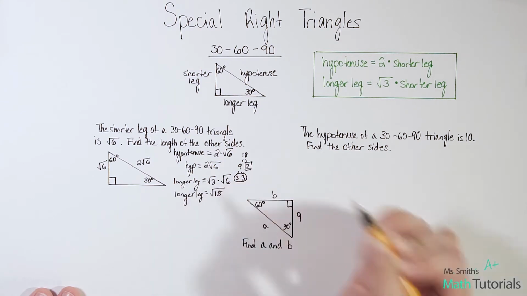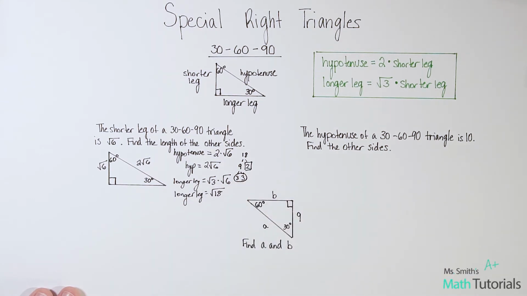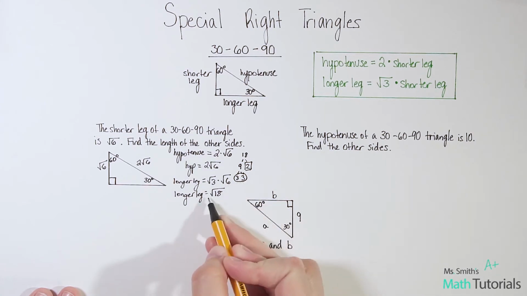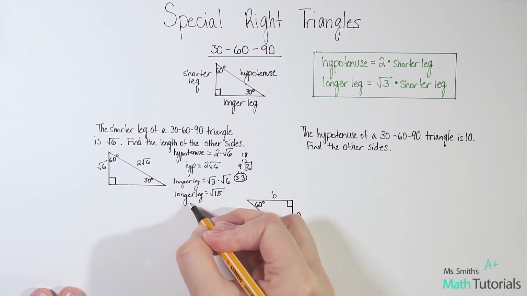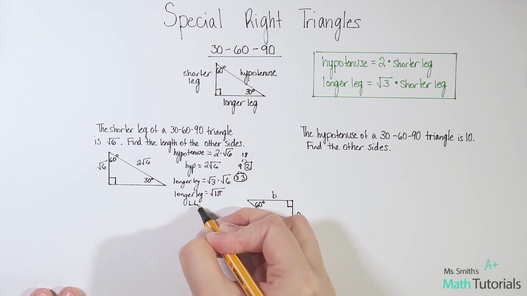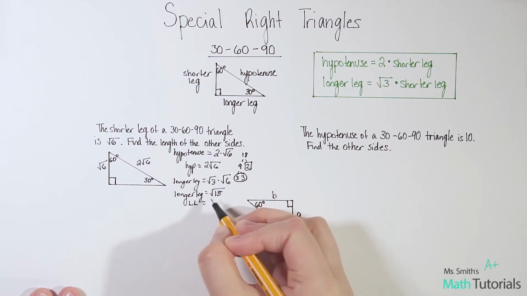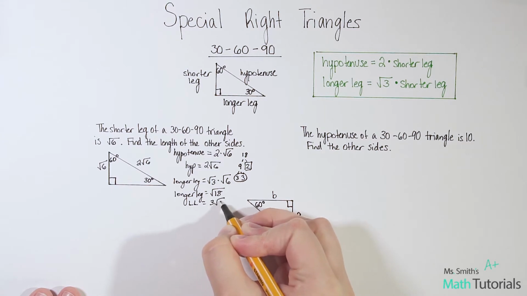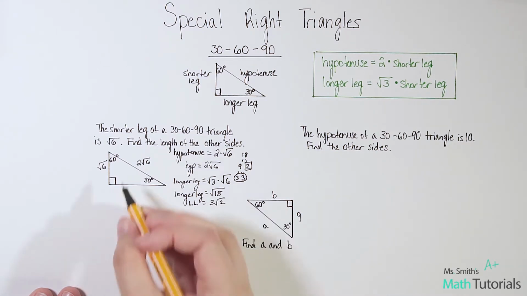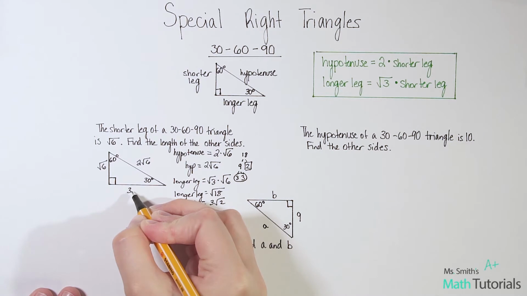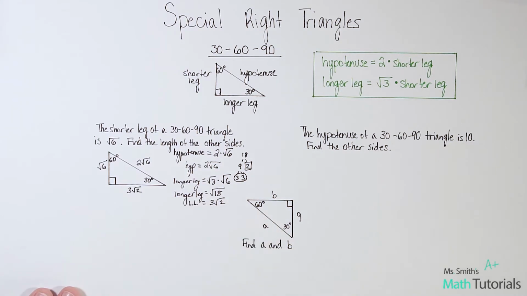The 2 is going to stay in jail in the radical. Okay, so the 3 gets to come out. So I know my longer leg, and this time I'll just put L, right, equals 3 times the square root of 2. All right, so I'll note that 3 times the square root of 2. So now I've found the length of all sides.